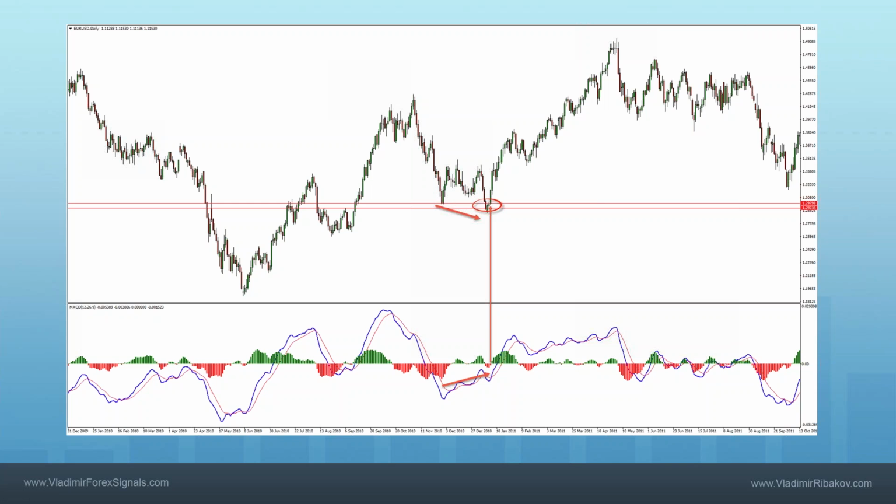Is that a good one, guys, yes or no? Well done. The answer is yes. Classical false break, beautiful divergence. The answer is yes.